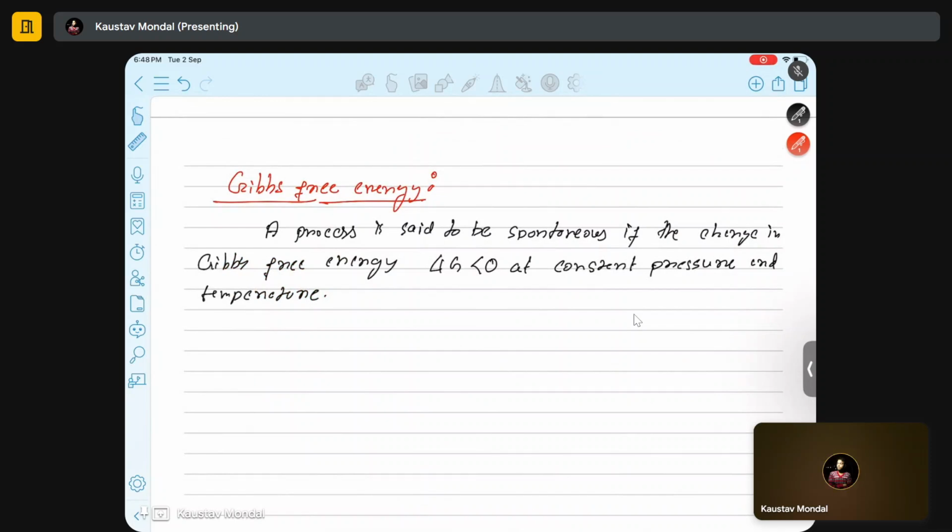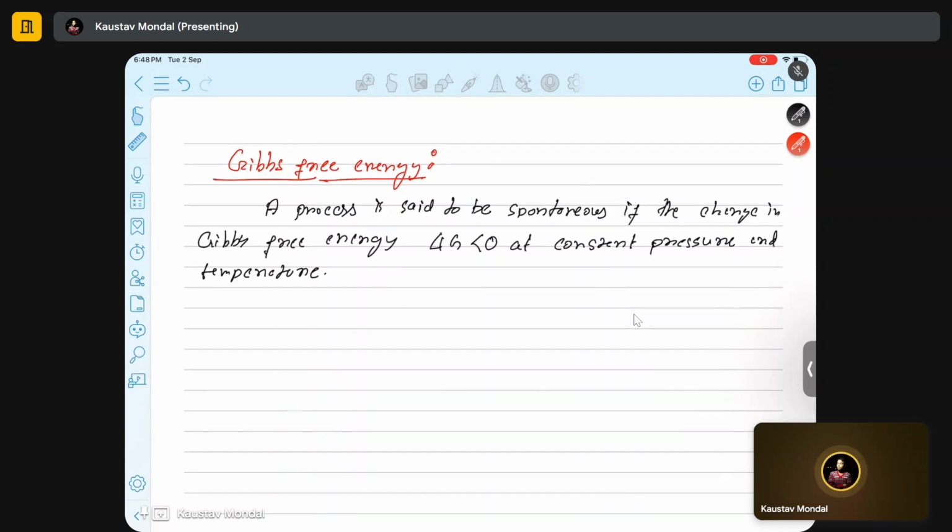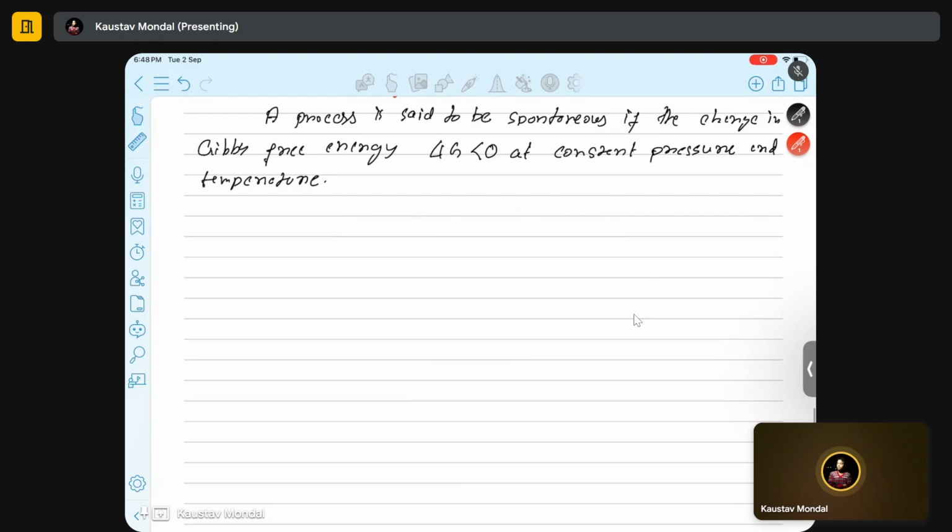So let me first write what is the thermodynamic expression of the Gibbs free energy. The Gibbs free energy expression simply looks like this: G equal to H minus TS. There are several other ways also you can write the Gibbs free energy. One is this. The next one you can write like this also: A plus PV.